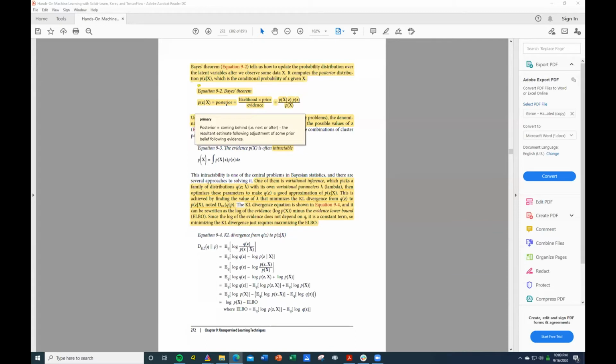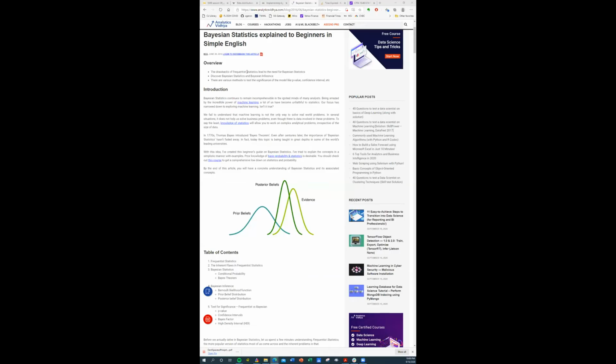You have, in Bayesianism, your prior beliefs, and just make sure I'm sharing the right screen here. So you have your prior beliefs, and this is kind of where you start with this distribution, all right? Then you get some evidence, you get some data.